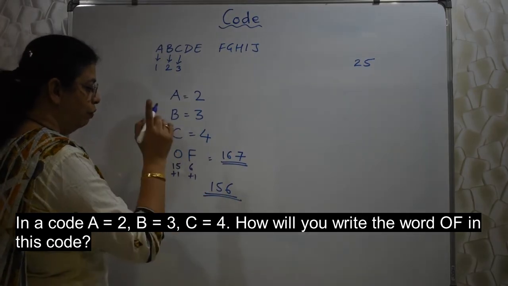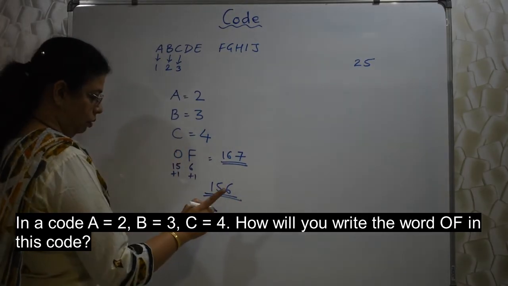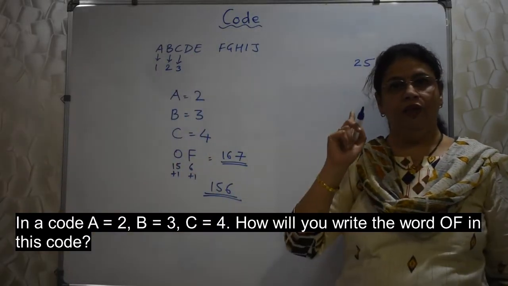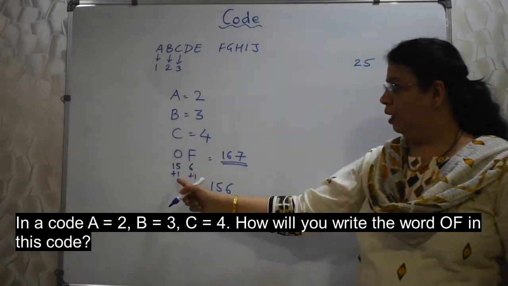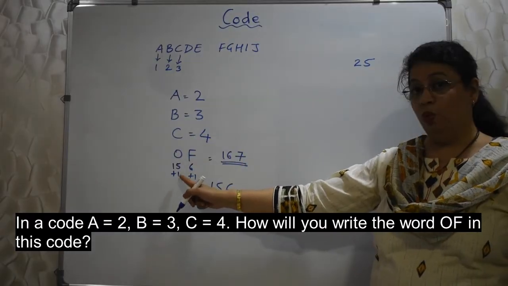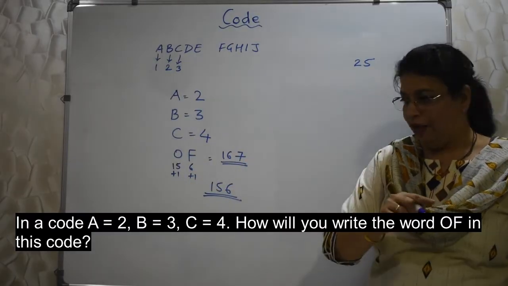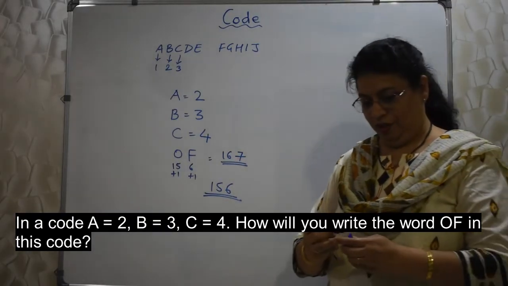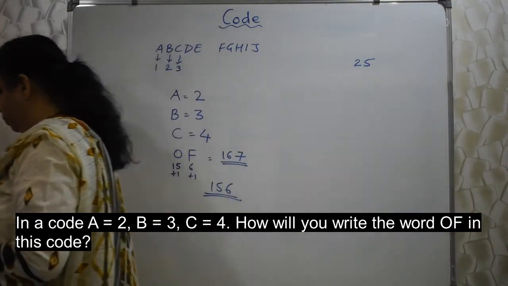Many students will forget to add 1. But my students, no, they are very smart, so they will always keep an eye on this 1 and they will add it and they will arrive at 167. Okay, very good. Let's go ahead.